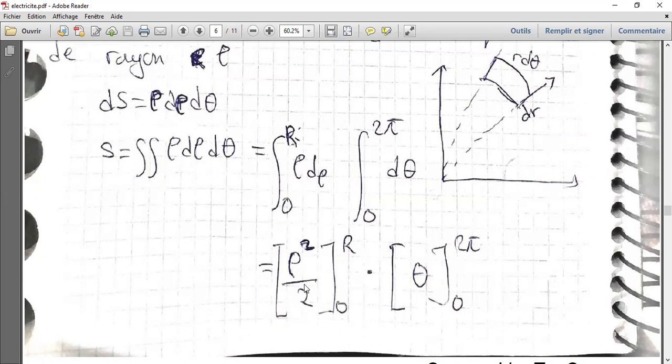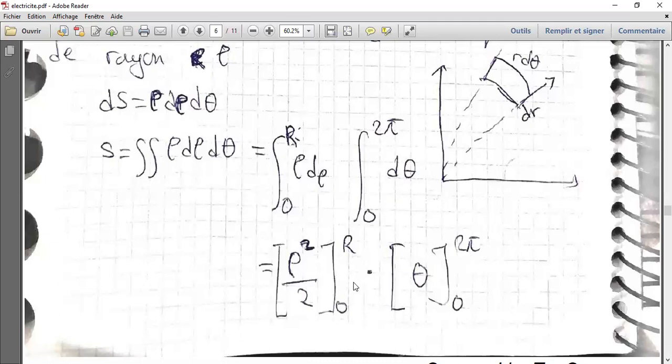This is a rule of integration. If you have forgotten, you can just watch some videos on integration to understand it better. Then if you integrate d theta, it will just give you theta, from 0 to 2 pi.